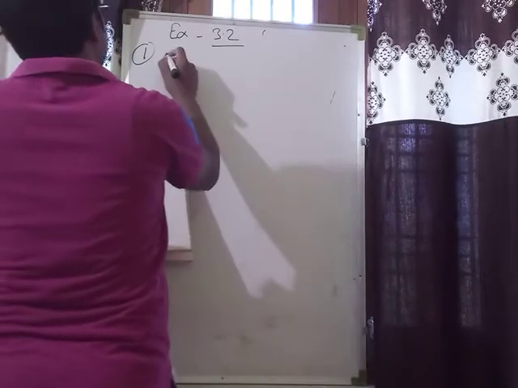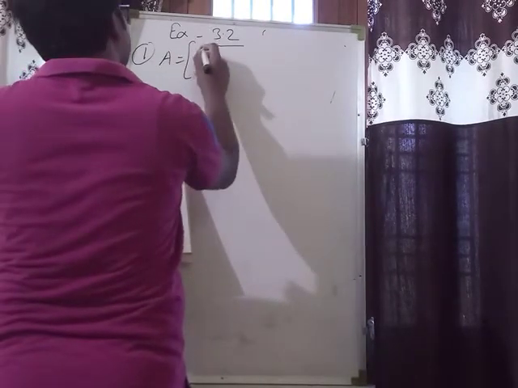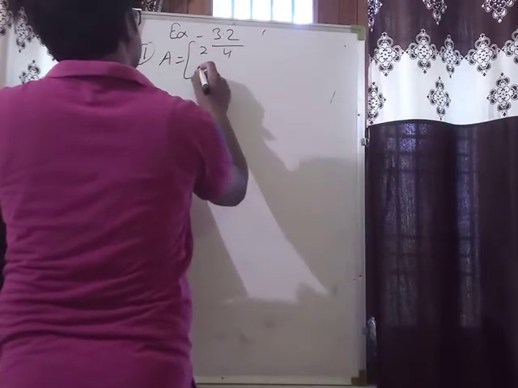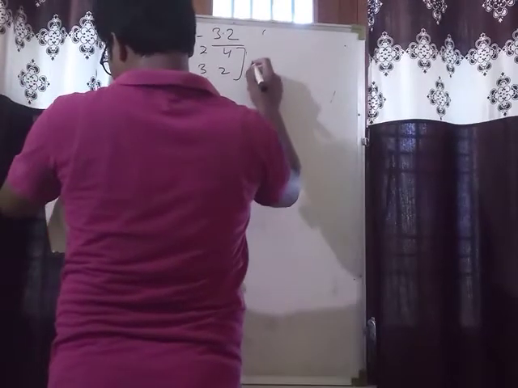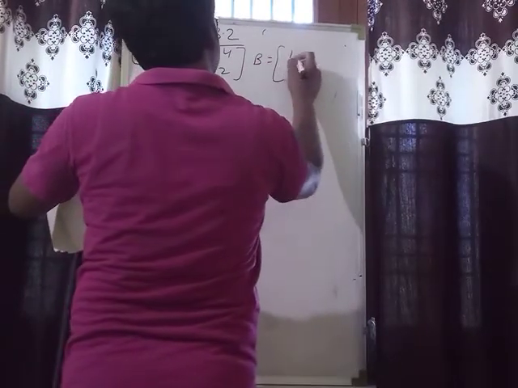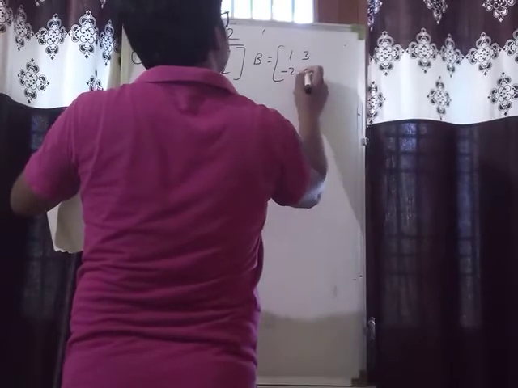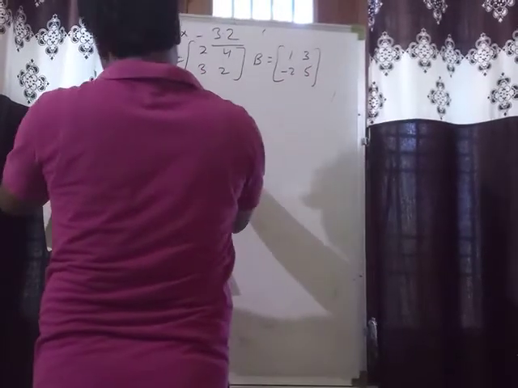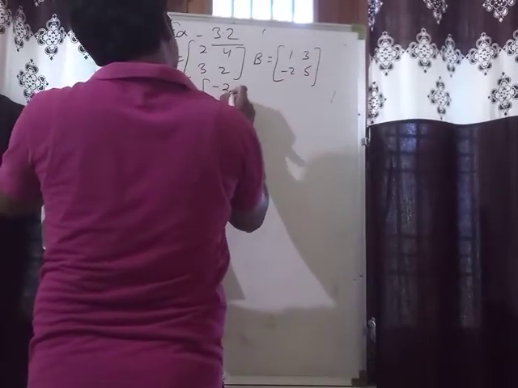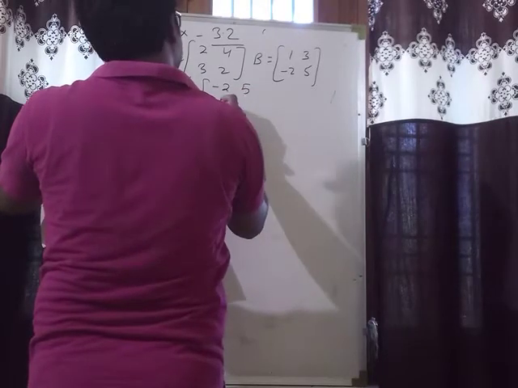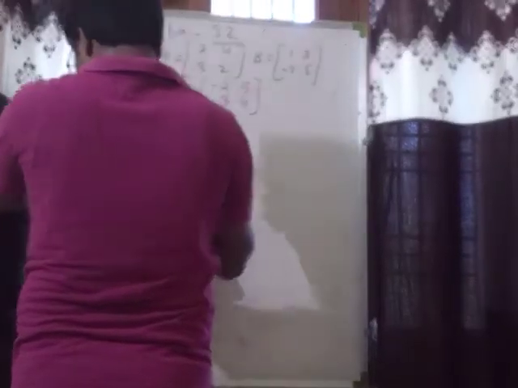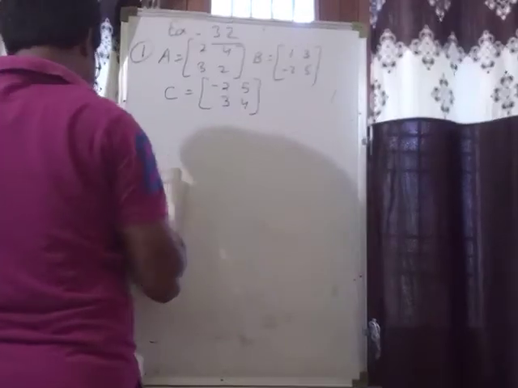Here A is given, that is 2, 4, 3, 2. B is given, that is 1, 3, minus 2, 5. And C is given, that is minus 2, 5, 3, 4. Okay. So find out each of the following.